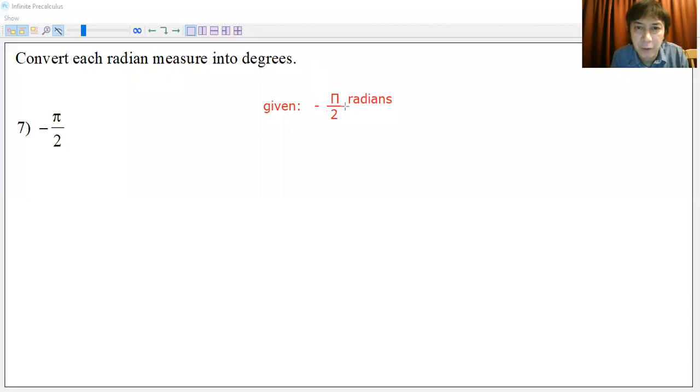Pi over 2 radians is the given. The solution is over here. We are converting to degrees.